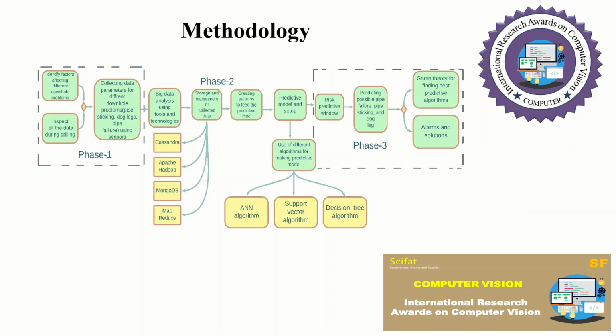will be displayed in a risk predictive window which is given in phase 3. This risk predictive window will showcase the possible failures in the drilling, and the pipe failure, pipe sticking and dog legs will be revealed, which will continue through alarms and solutions, alerting the engineers working in the plant or the drilling rig.